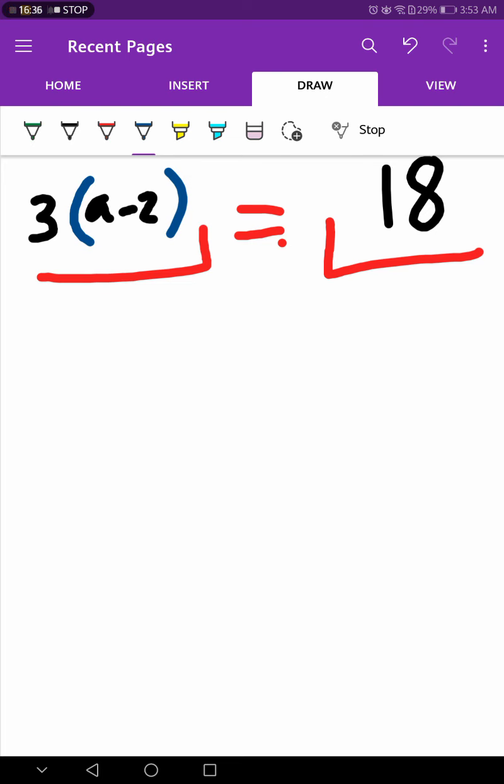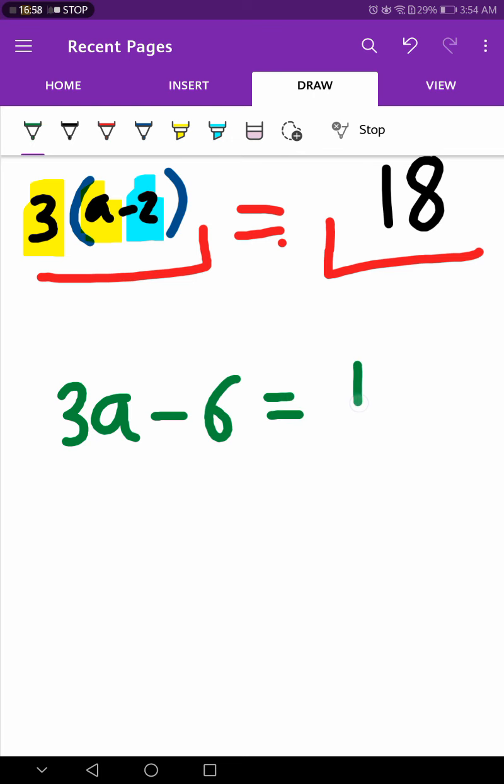Now what I have to do is use the distributive property. So 3 multiply a equals 3a. 3 multiply negative 2 equals negative 6, equal 18.